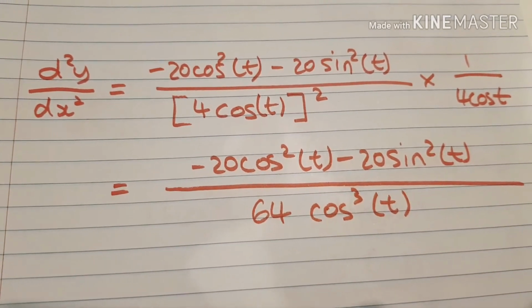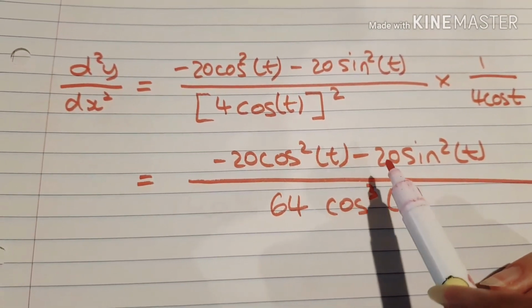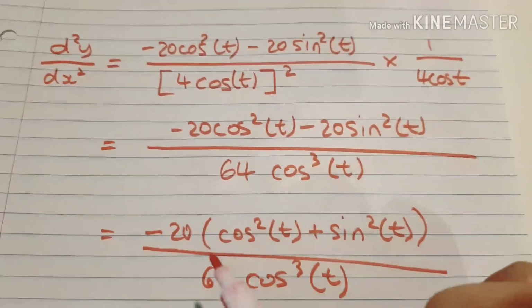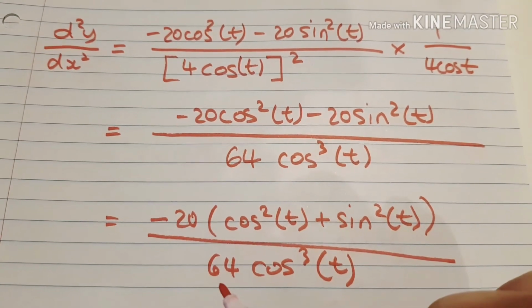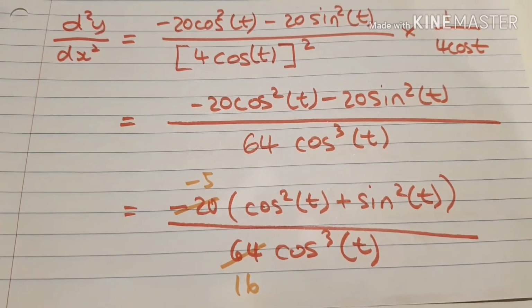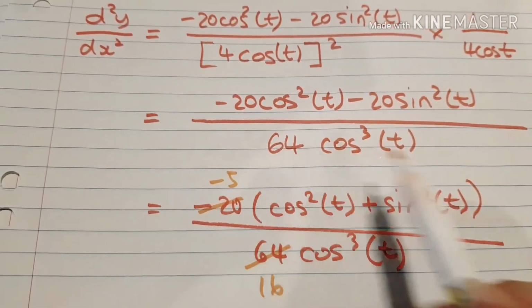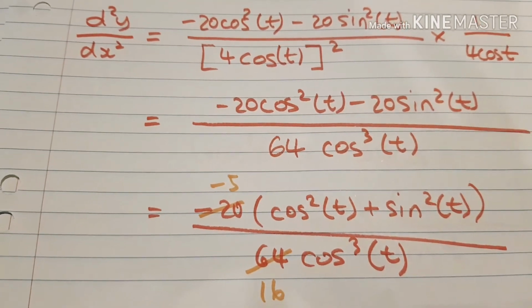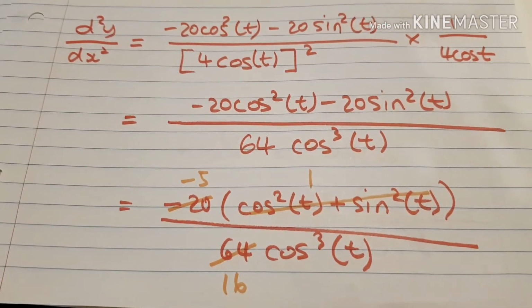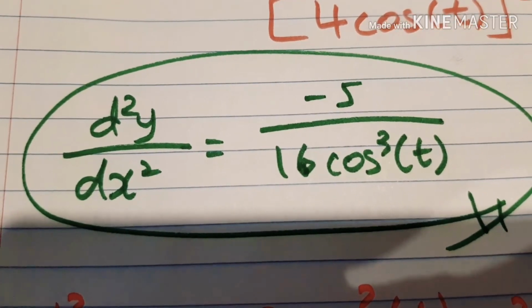I think I can simplify further, right, by taking out negative 20 from both sides, like this, and top and the bottom, 20 and 64, I can cancel out to negative 5 and 16. And remember this one, cos squared plus sine squared, this will be equivalent to 1, right? So therefore your final answer will be this one, okay?